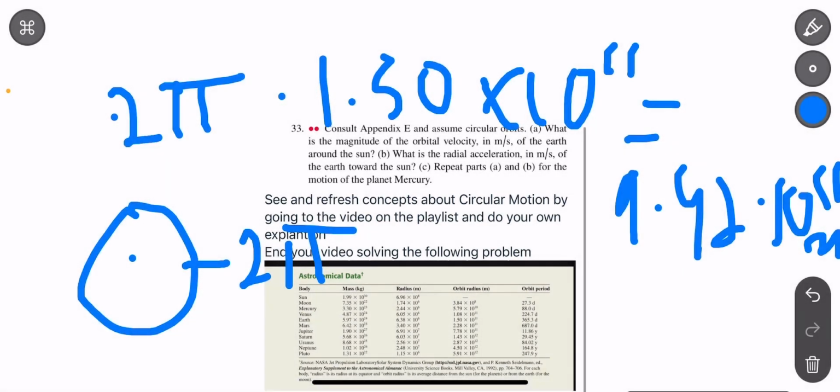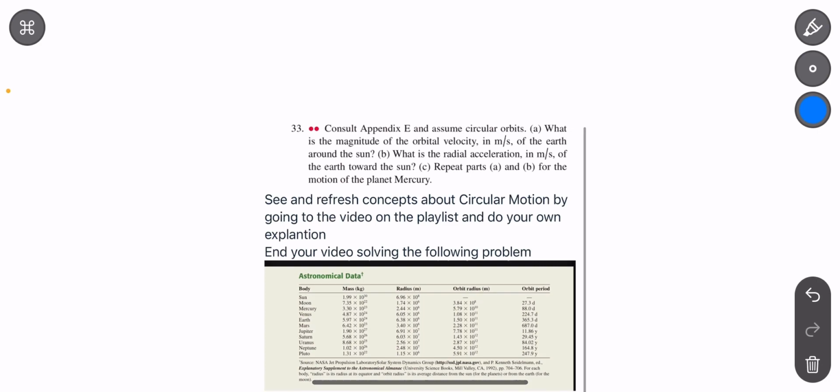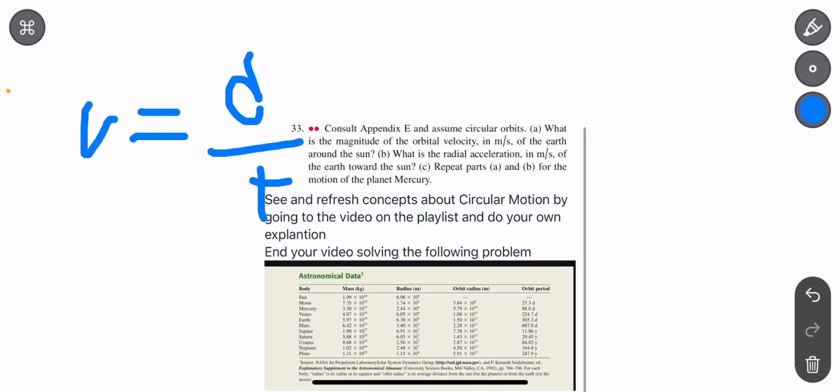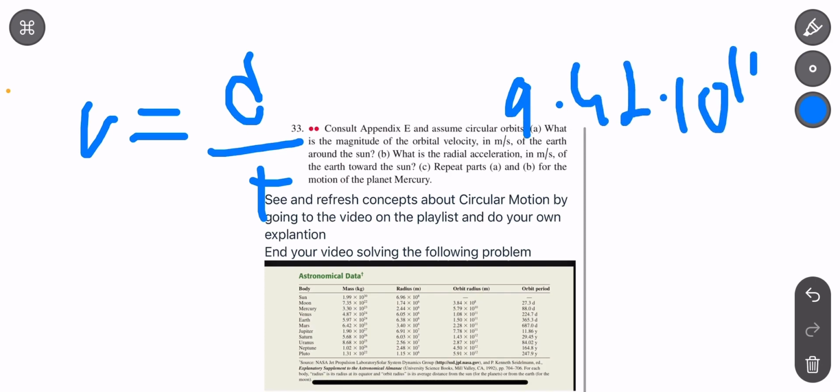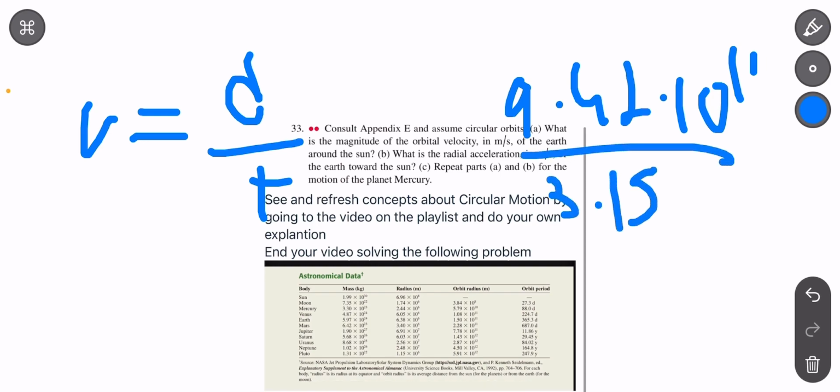So now we're left with meters per second. Now we just do the final thing, which is V equals D over T, which will just be 9.42 times 10 to the 11 over 3.15 times 10 to the 7th.